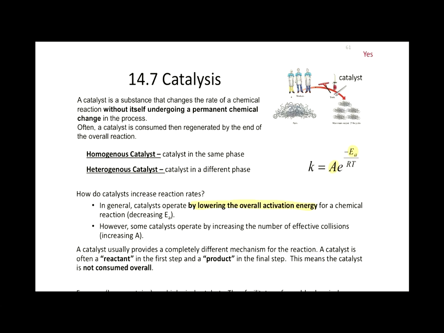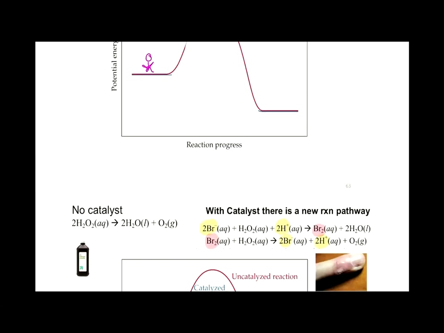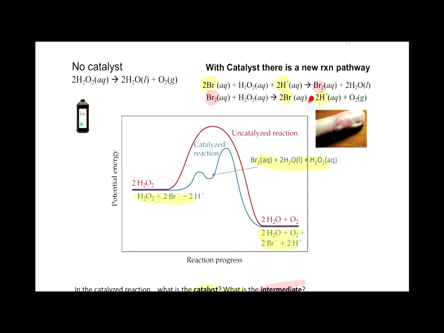But typically what we see are heterogeneous catalysts, where you add something that's a different phase than your reactants. So if we look at the bromide acid catalysis, what kind of catalysis is this? Is it homo or hetero?